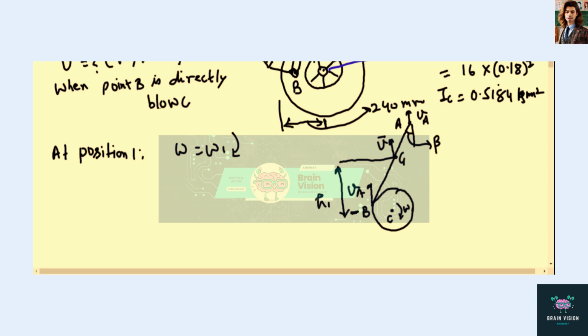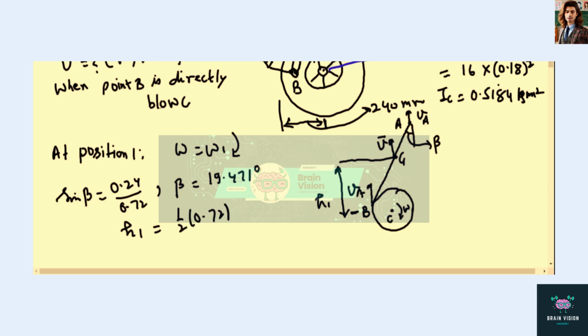So angle beta, sine of beta can be given by 0.24 upon 0.72. So beta will be 19.471 degree. H1 will be half of 0.72 cos of beta, that is cos of 19.471. So its value will be 0.33941 meter.